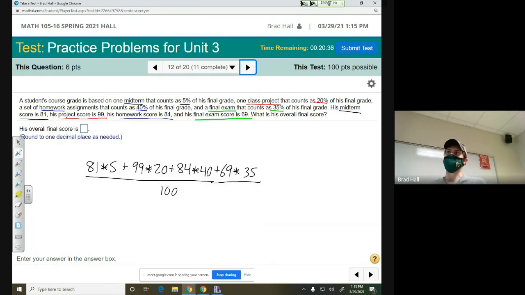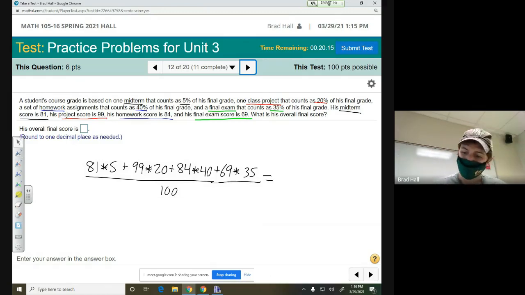If you want to think about why this way and the previous way are equivalent, that 100 turns all of those percentages into proportions, because 5 divided by 100 would be 0.05, or 20 divided by 100 would be 0.2, and so on and so forth.